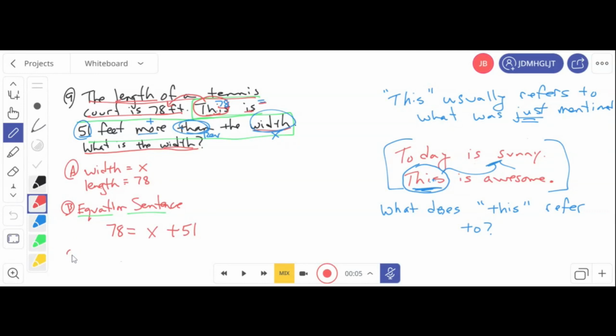Now we solve. So I'll come up here, 78 equals x plus 51. Get rid of parentheses, don't have any. Combine like terms, don't have any. Get rid of variables on both sides, we don't have that.